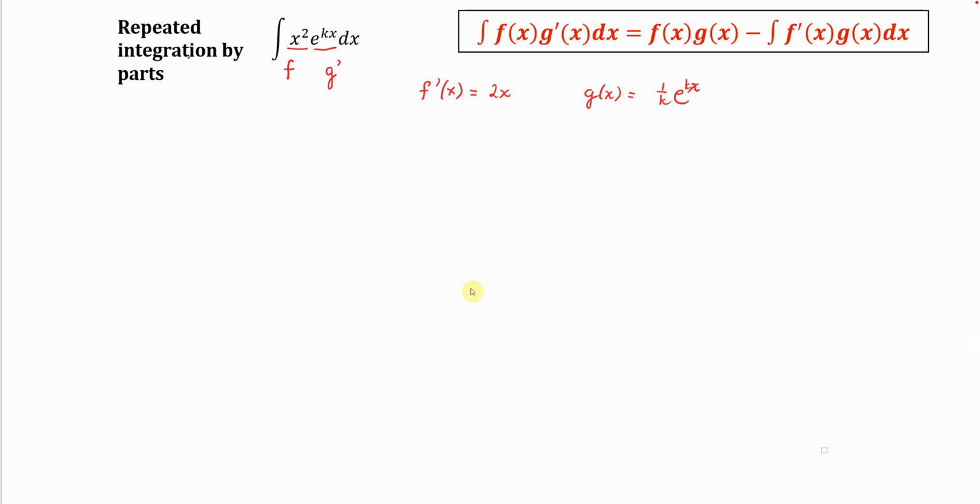All right. So just having that there helps me to avoid some minor errors, and then I can apply the formula. Well, the integral that I have then is equal to f times g.